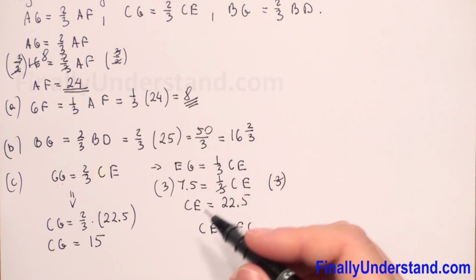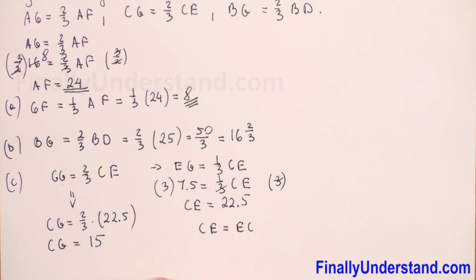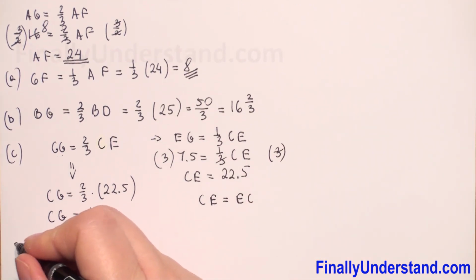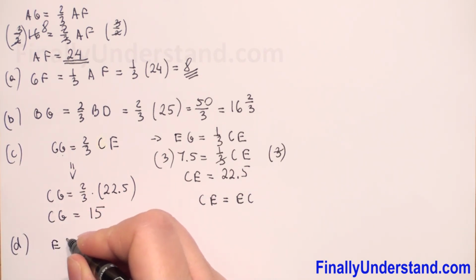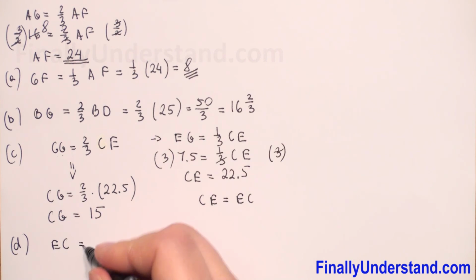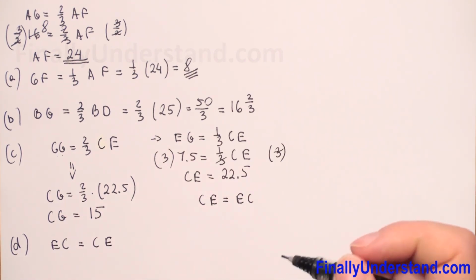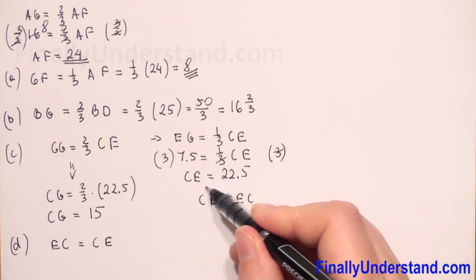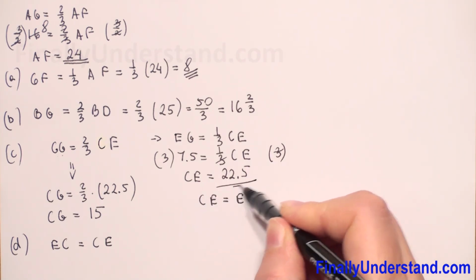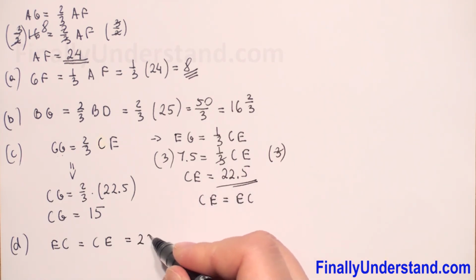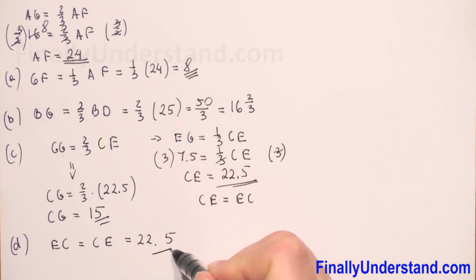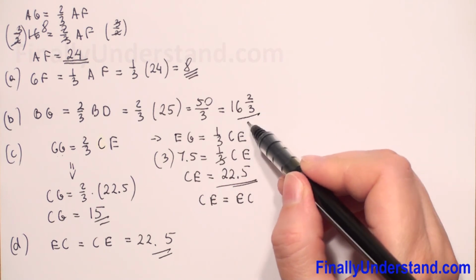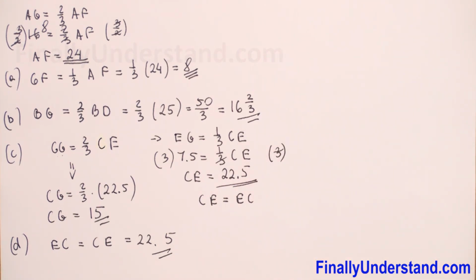So we can write that D, solution to question D, we have to find EC, and EC is equal CE by reflexive property, and we already found that CE is equal 22.5. So this is my solution.